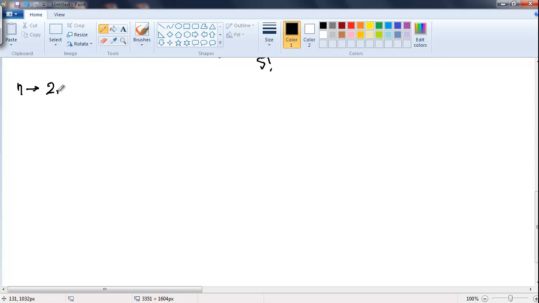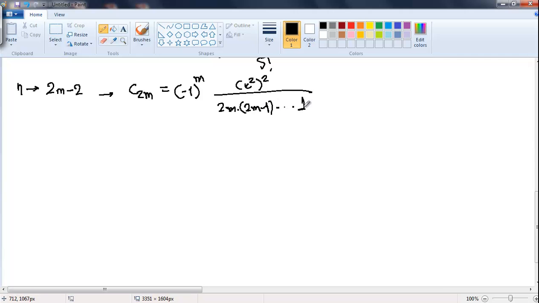Suppose n is of the form 2m-2, then we find c_2m equals (-1)^m k^(2m) over 2m(2m-1) up to 1 times c0, and this is (-1)^m k^(2m) over (2m) factorial c0.